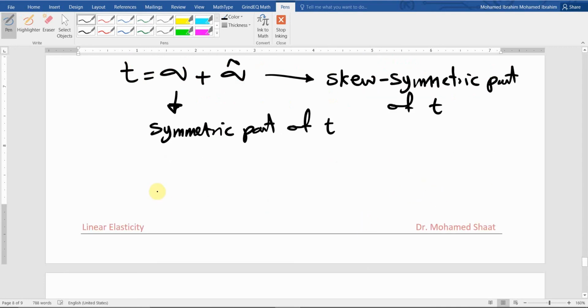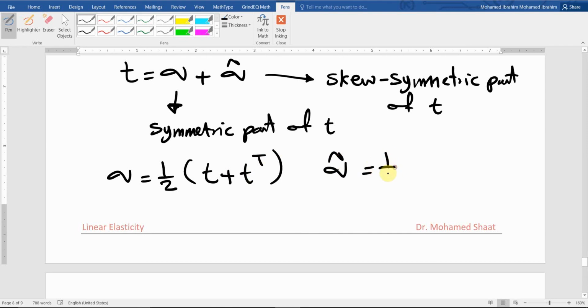Make sense? And as we defined, the symmetric part should be 1 over 2 T plus its transpose, while the skew symmetric part should be 1 over 2 T negative its transpose, right?